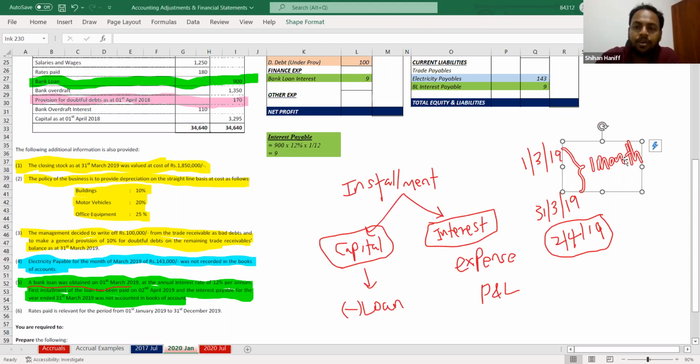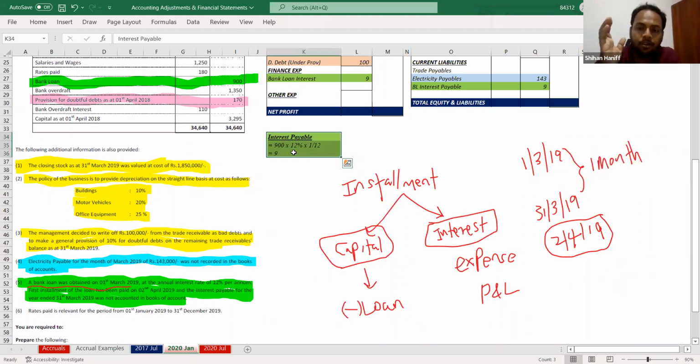How many months? Here there is 1 month. So for that 1 month, calculate the interest, from the loan taken date up to the year end. That entire amount is an expense.